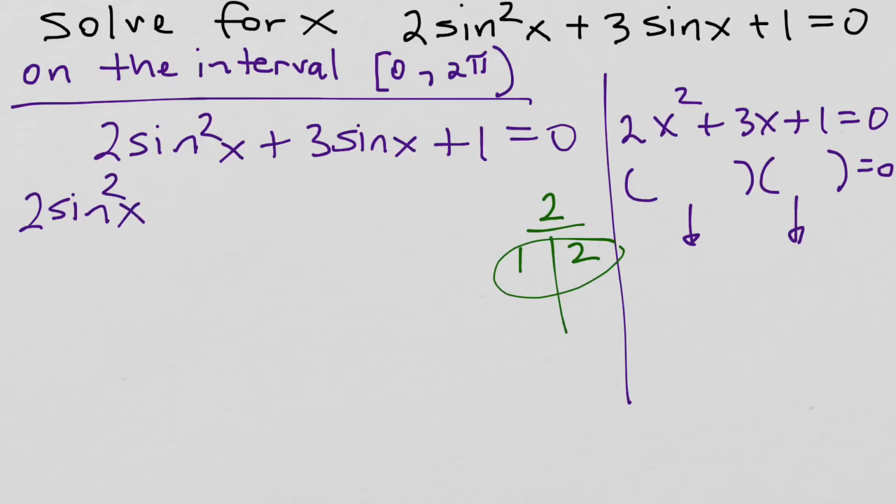So instead of 3 sine x in the middle, I'm going to break that term up into 1 sine of x plus 2 sine of x, which equals 3 sine of x. All right, let me put the 2 first and the 1 second. So that's my middle term. And then I have this plus 1 equals 0.